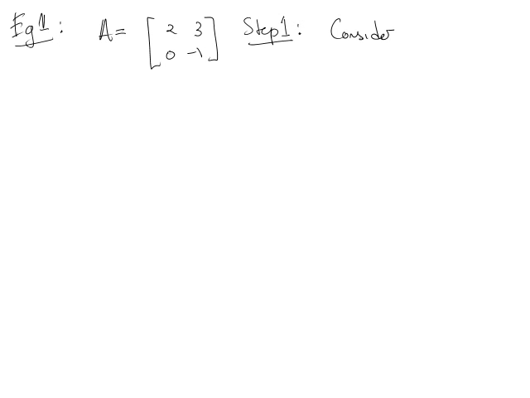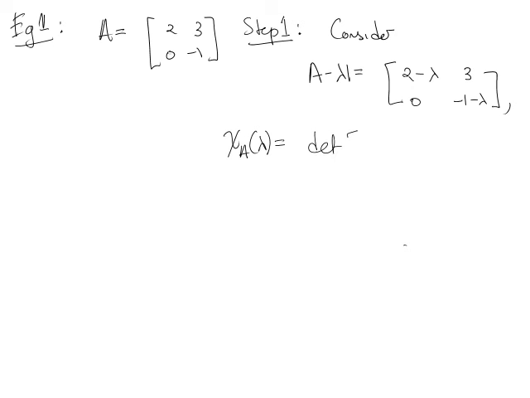So first you consider the matrix A minus lambda I, which is going to be 2 minus lambda, 3, 0, minus 1 minus lambda. And now the characteristic polynomial is the determinant of this matrix. It's a polynomial in lambda. If you remember from the chapter about determinants, it's a 2 by 2 matrix, so it's AD minus BC, which is just 2 minus lambda times minus 1 minus lambda.